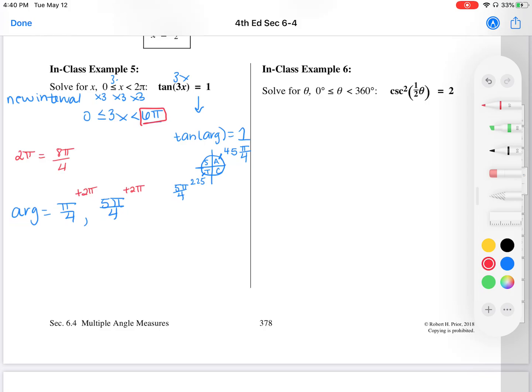So let's add 8 pi over 4. So we have 9 pi over 4, 5 pi plus 9 pi, 14 pi over 4, and then another revolution more. So we add another 2 pi to that. So 9 pi plus 8 pi, we get 17 pi over 4. And then to 14 pi, we add 8 pi, which gives us 22 pi over 4.